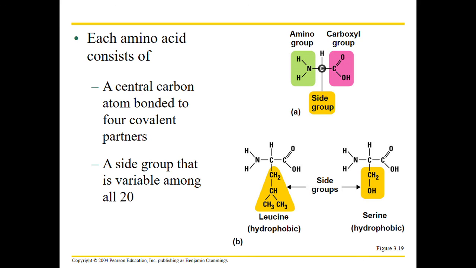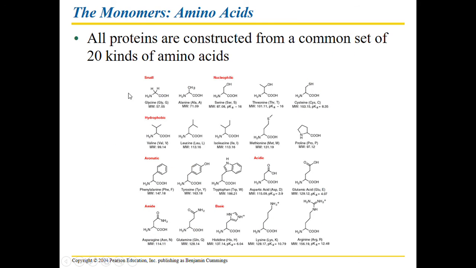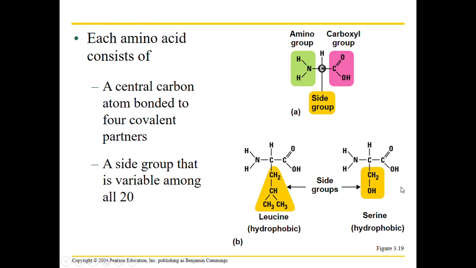It's all the same thing. Side group or R group. The side group determines what amino acid it actually is and what it looks like. And it determines if they're hydrophobic or hydrophilic, for example, in these two. Or it could determine if it's any of these examples.